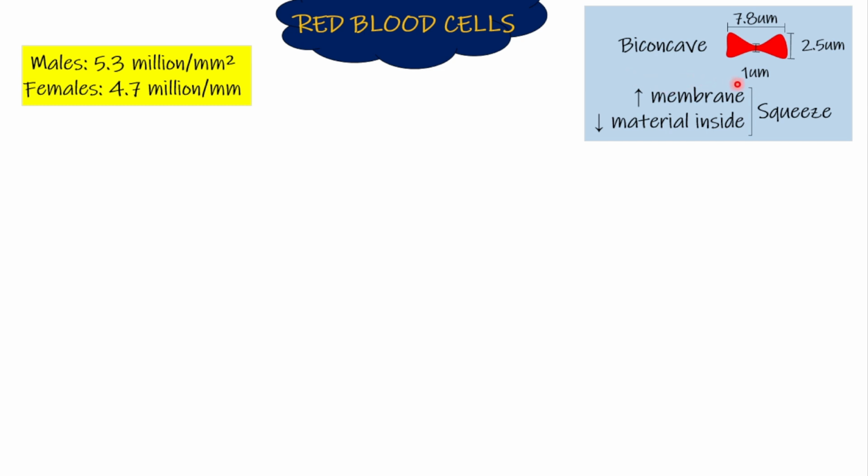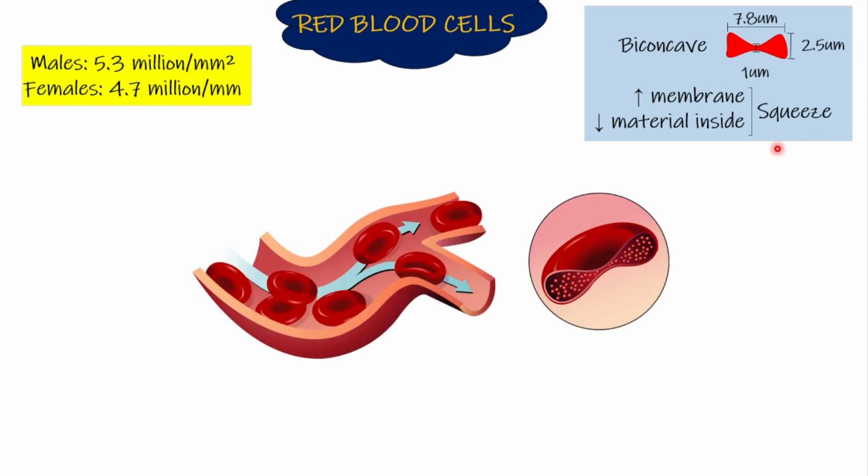What is the significance of having more membrane as compared to the contents inside? This helps RBCs to easily squeeze through any place. If there is a blood vessel or a tight junction of blood vessels, RBCs can easily squeeze themselves through them. So this is a biconcave disc.